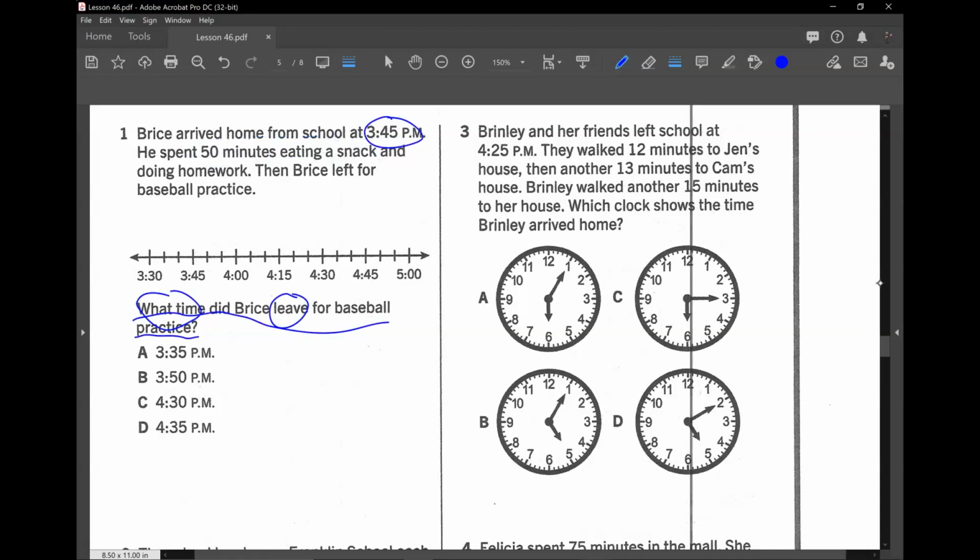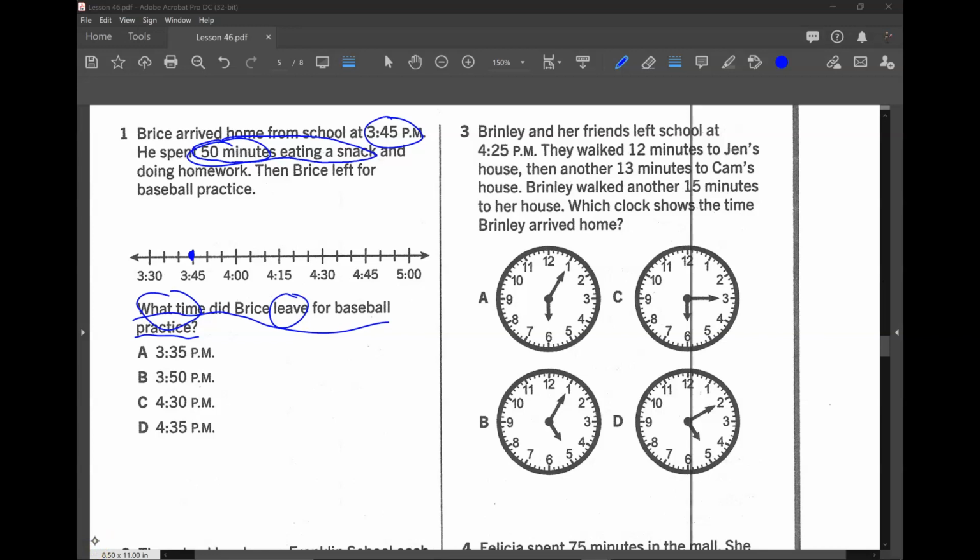He spent 50 minutes eating a snack and doing homework. 50 minutes, okay? So, if we look at our number line here, we have to figure out what the number line is counting by.